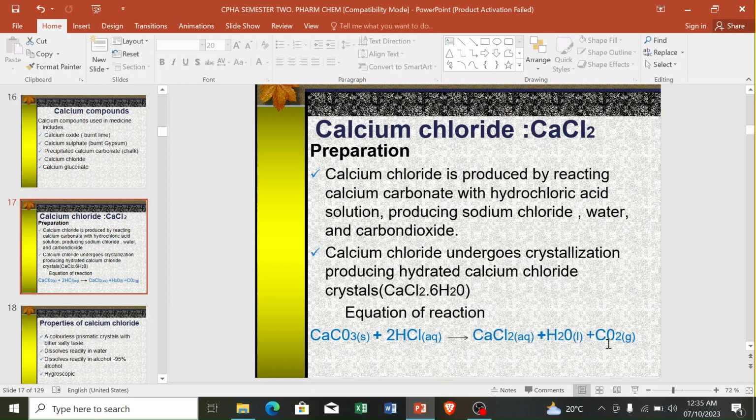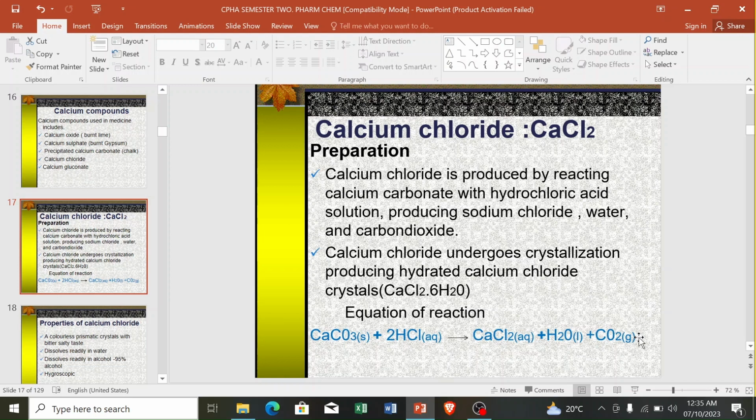As we talked about how we can identify carbon dioxide gas in the previous lectures, carbon dioxide gas can be identified using lime water. And lime water has a chemical name that we call calcium hydroxide.